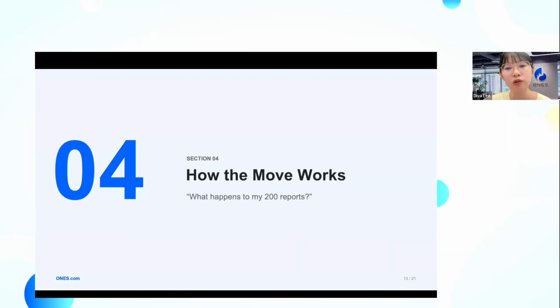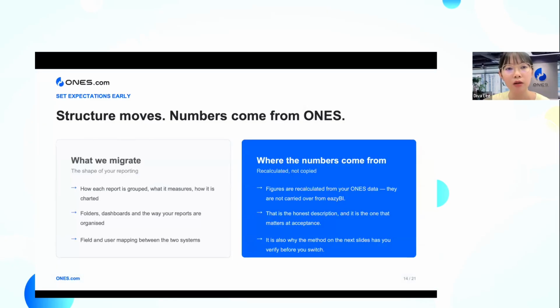The next question is how we're going to move all the BI data from the Jira software plugins to ONES BI. The concept is that migrating eazyBI or the BI tools from Jira software is quite different from how we migrate the Jira software data and the Confluence data.